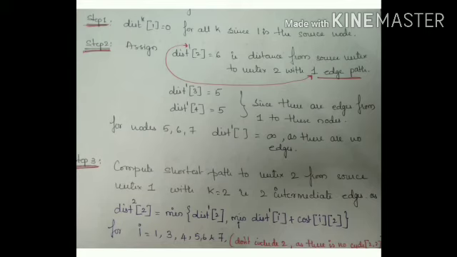Dist raised to k of 1 is nothing but the weight of the edge that comes into the very first vertex, that is the source vertex. Here 1 is the source vertex, so it has no edges coming into it, and therefore dist raised to k of 1 is always set to 0.